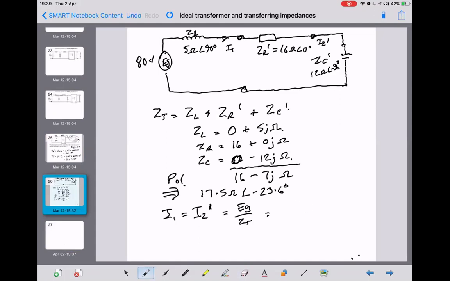Make that a bit neater. 80 angle 0 divided by 17.5 angle minus 23.6.